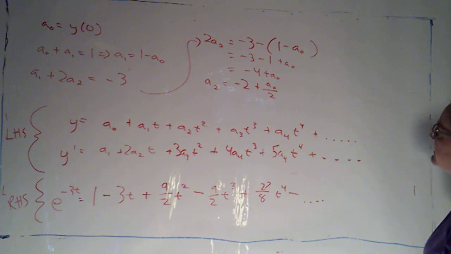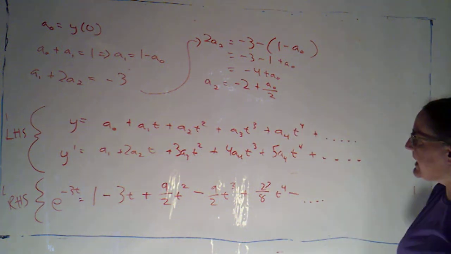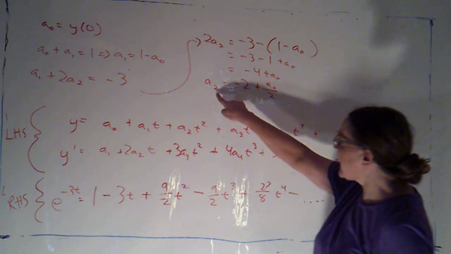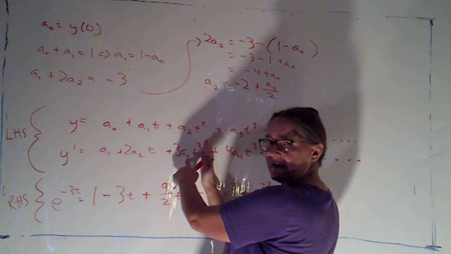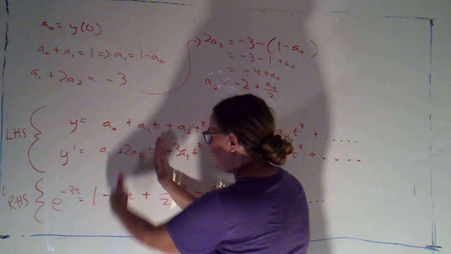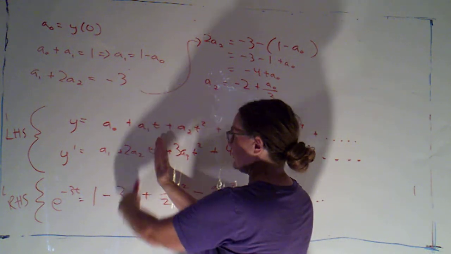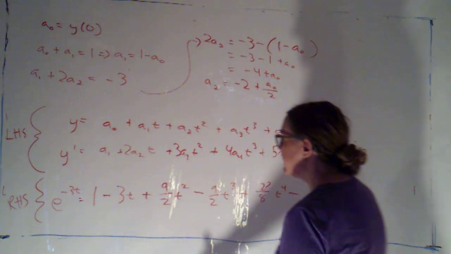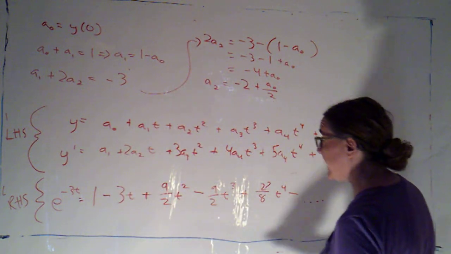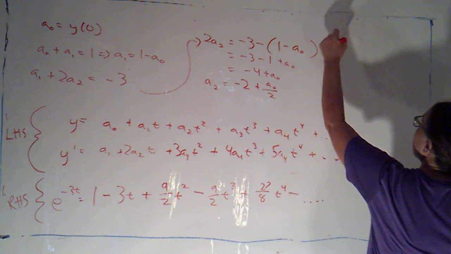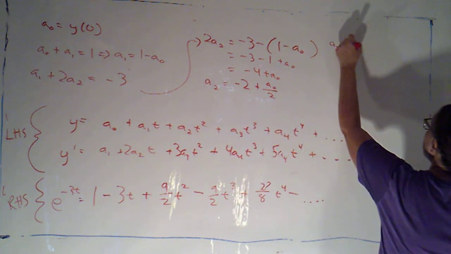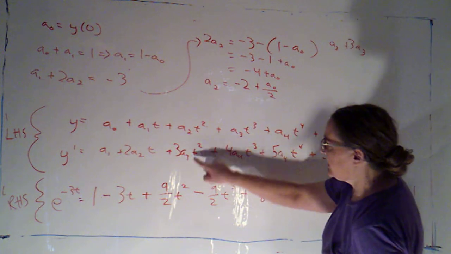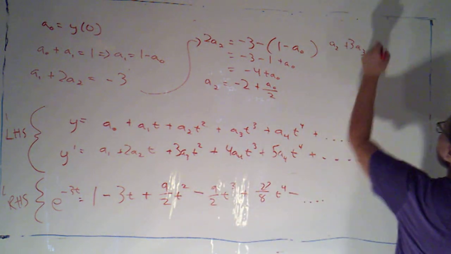Okay, excellent. Now I got that by looking at my t's. Notice that's A2, but I didn't get that by looking at the t squareds, because that involved an A3. The first time A2 showed up was actually in the t's. So now I'm going to look at the t squareds, and I'm going to say here, A2 plus 3A3 has to equal 9 halves.